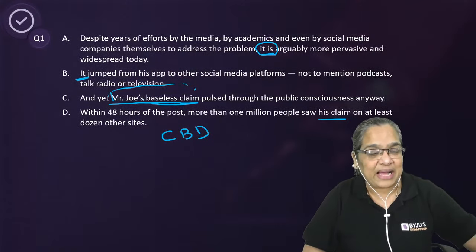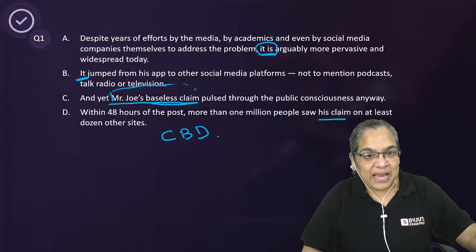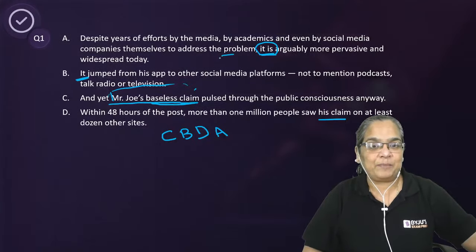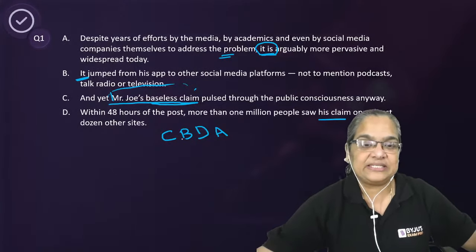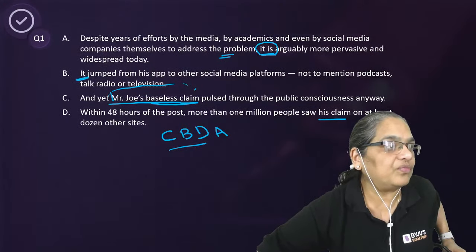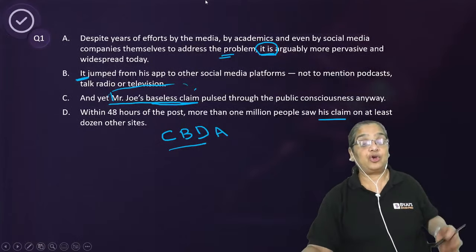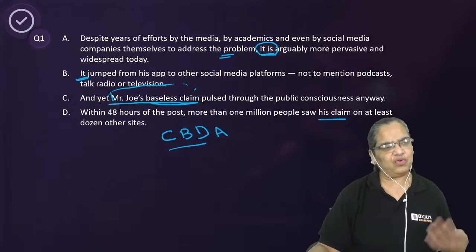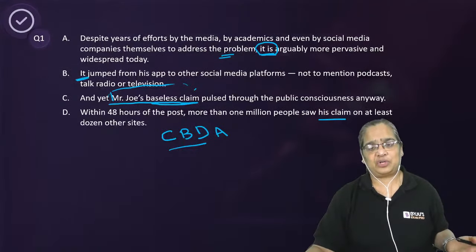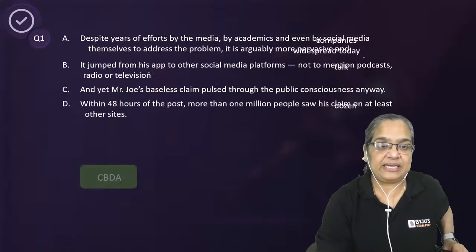So D has to come after C. Despite years of efforts to address the problem of false claims, it is arguably the most pervasive and widespread today. Whatever he's talking about, baseless claim, fake news. Got it? So the answer is CBDA.